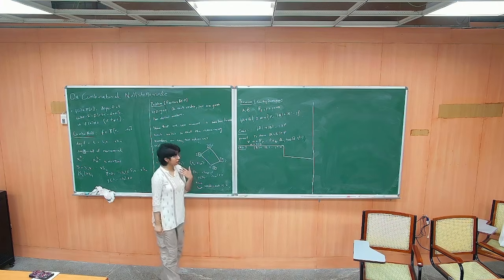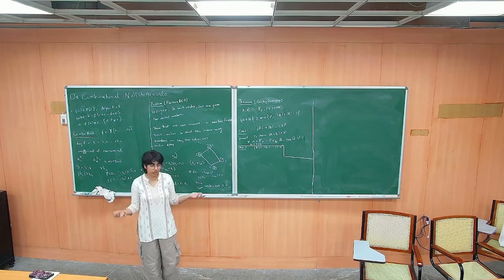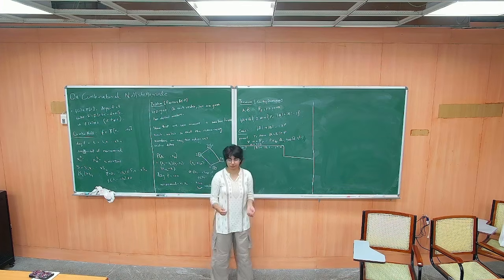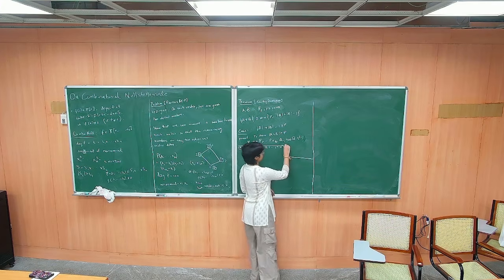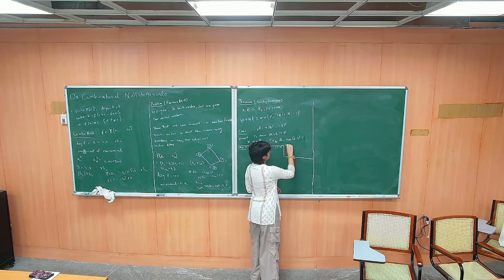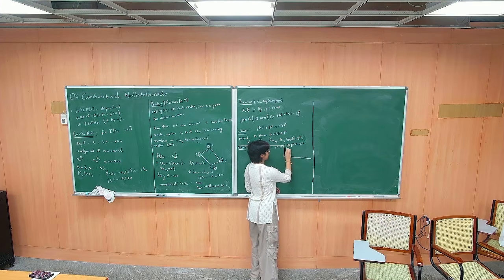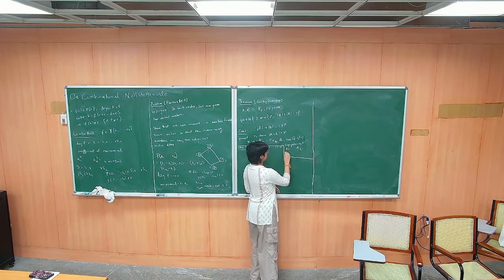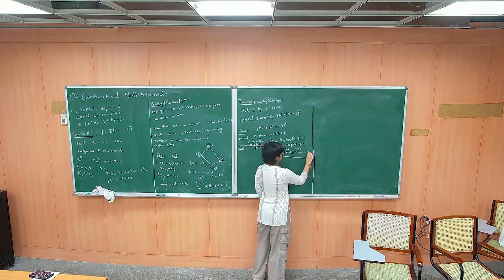So the way I thought was that, suppose you cannot express U as a sum of an element of A and an element of B. Suppose not, and the elements of A are say A1 up to AL, then B cannot contain U minus A1, U minus A2, up to U minus AL.